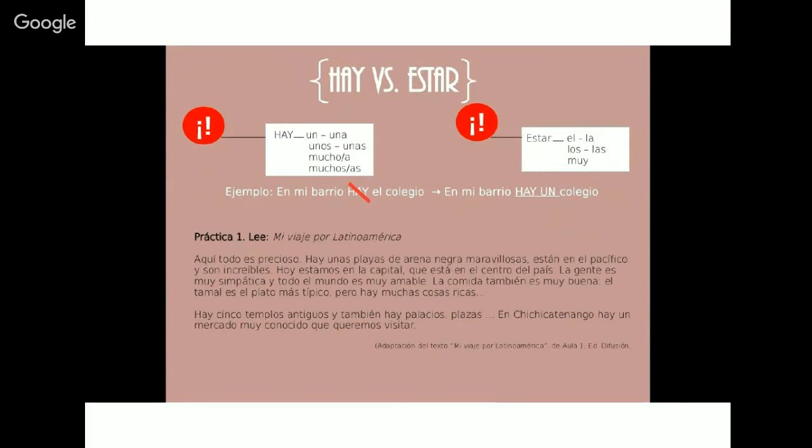And here we're going to see that hay, estar, and ser appear. And then we're going to speak about the difference between each. Okay. Mi viaje por Latinoamérica.